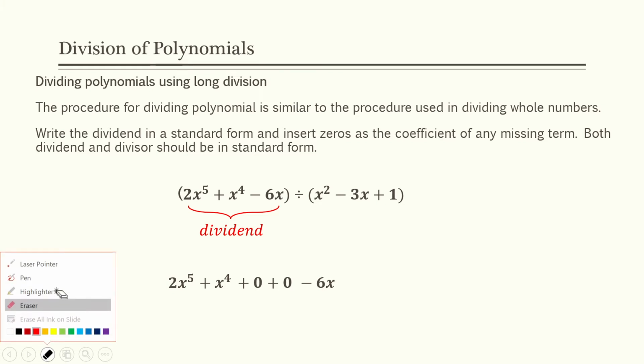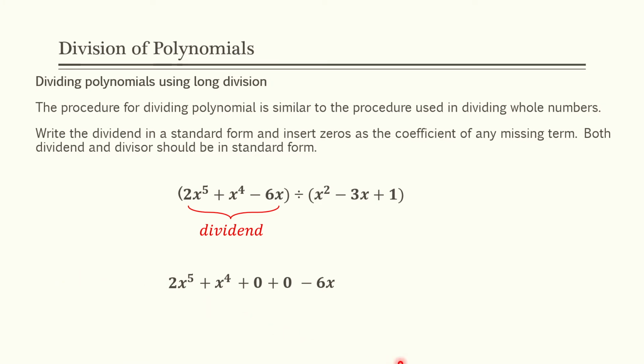Okay. So, in this time, pwede na natin siyang i-divide by x squared minus 3x plus 1. If you notice, our divisor, naka-arrange na yan. Naka x squared, 3x plus 1. So, we don't need to arrange that one again. Okay? Kasi naka-arrange. So pag ganito na yung form, naka-arrange na natin, pwede na natin i-divide.